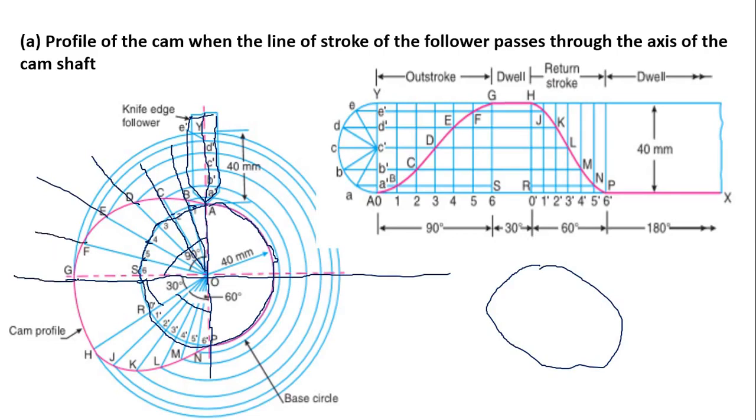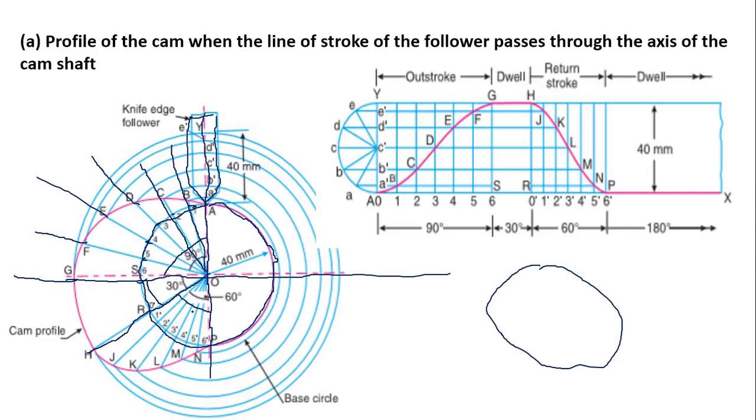Similarly, we have to divide into 6 equal parts for the return stroke. We can see here, and in the return stroke we can also draw a division from the center of the cam. If this is divided into 6 equal parts, that means this is H line, this is 1 dash.